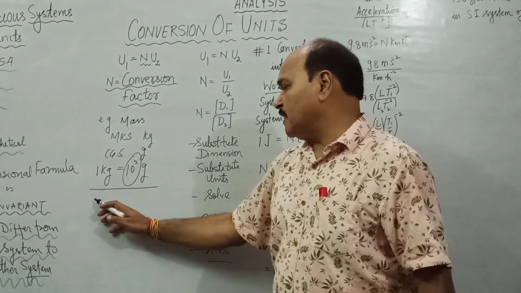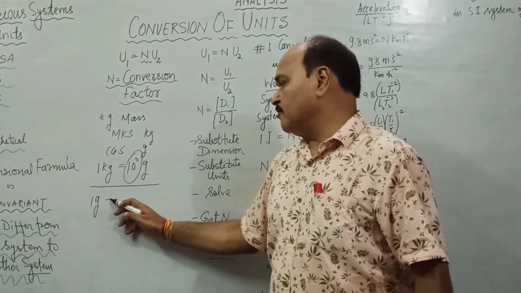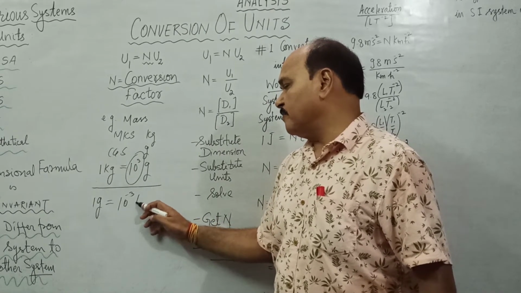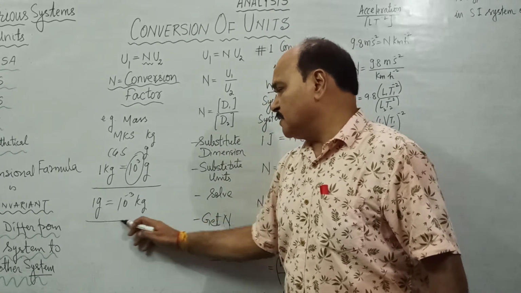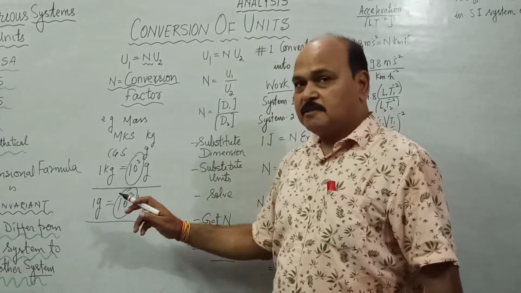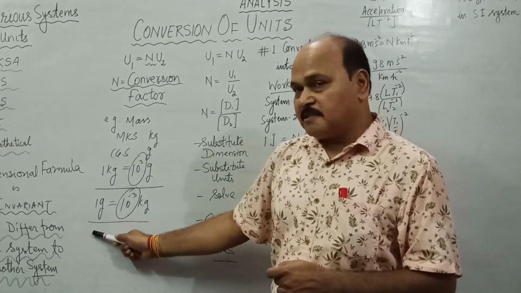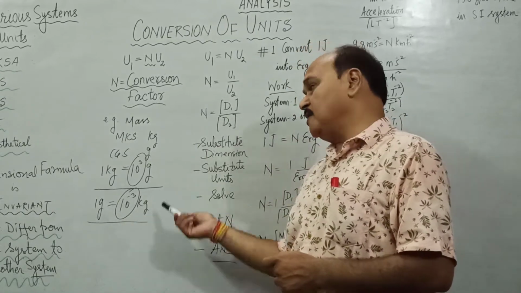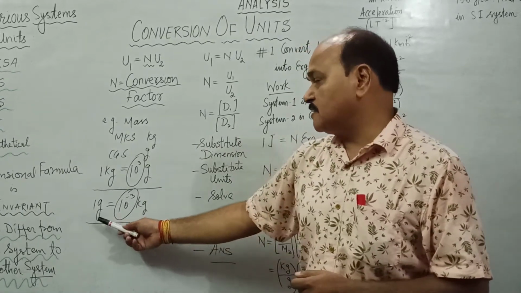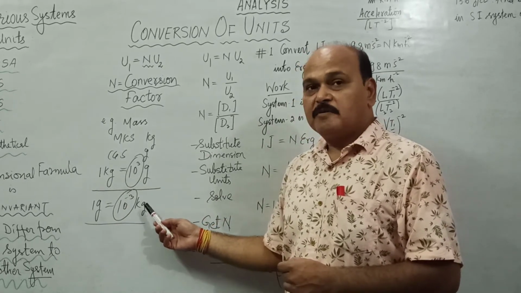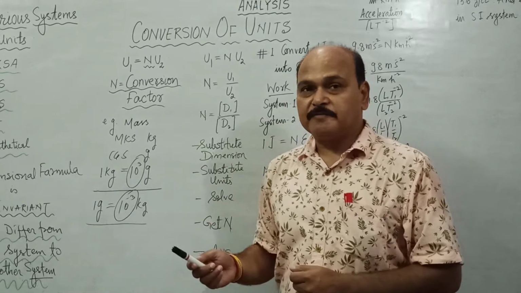10 to the power 3 is the conversion factor for mass from MKS system to CGS system. You can also write it like this: 1 gram is equal to, we change the side of this, 10 to the power minus 3 kilogram. This simply means this 10 to the power minus 3 is the conversion factor for conversion of unit from CGS system to MKS system. Any mass in CGS system can be converted into mass in MKS system by multiplying with 10 to the power minus 3.